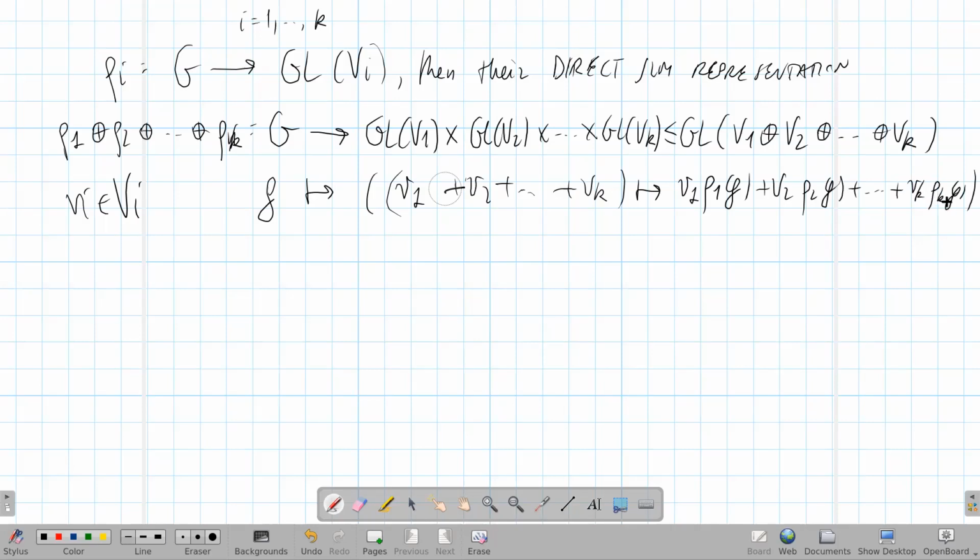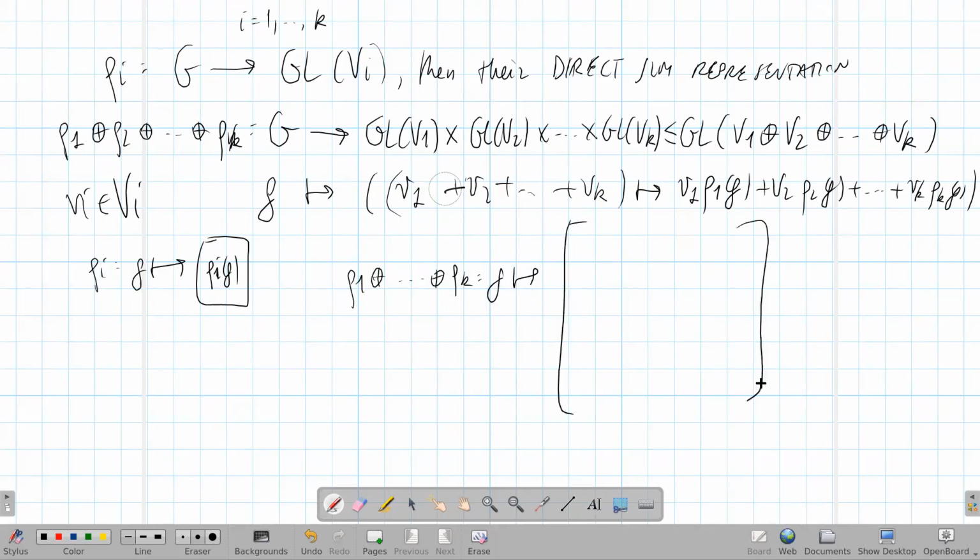And this means that if you have a rho_i that sends an element G into a matrix of some dimension, what you do with this direct sum, you send G to a big matrix.